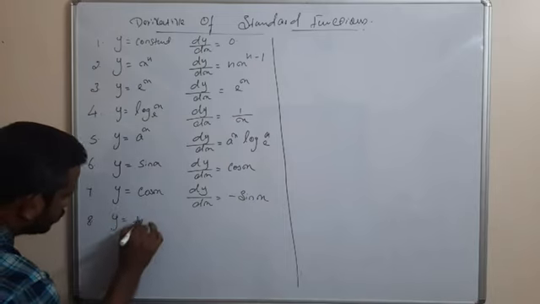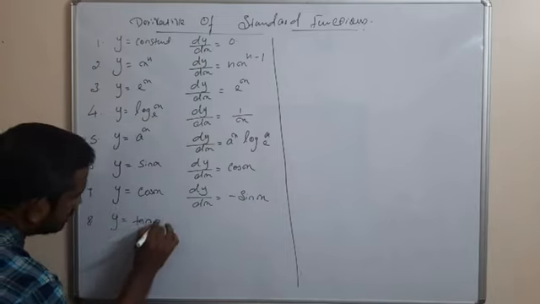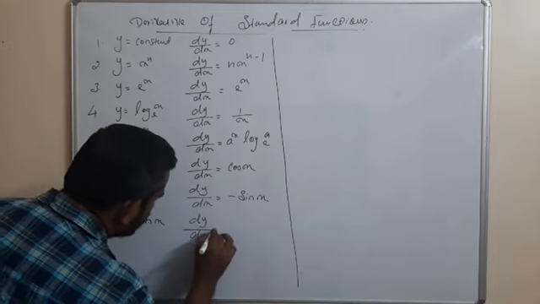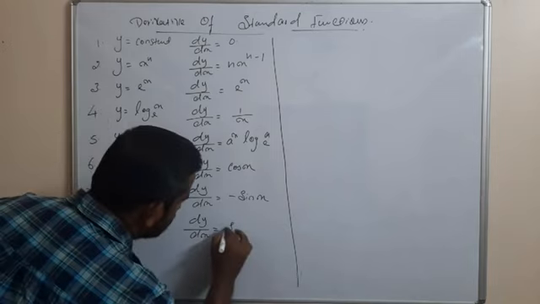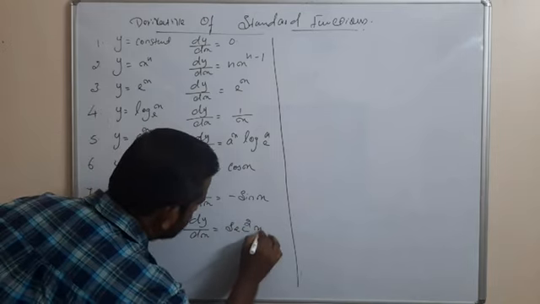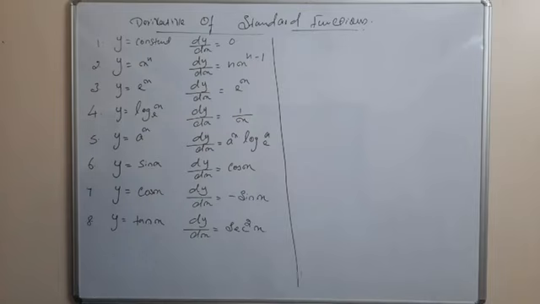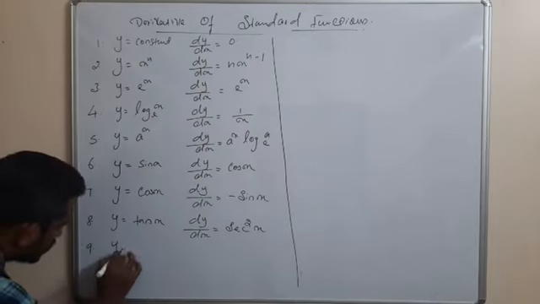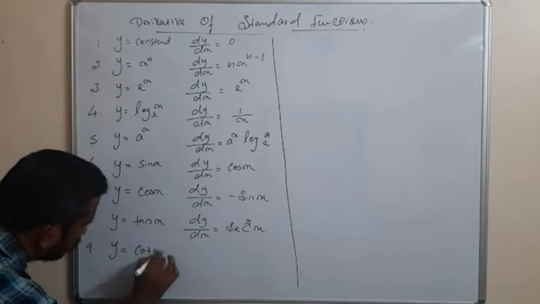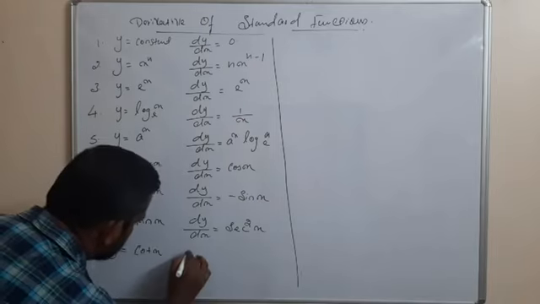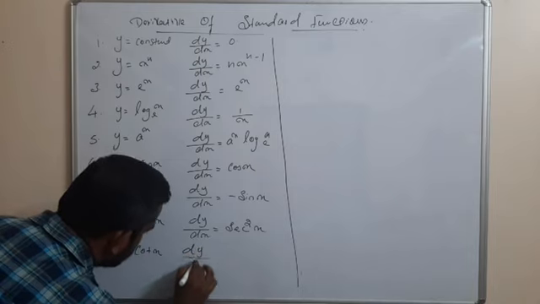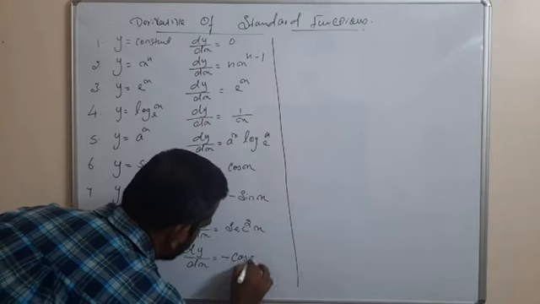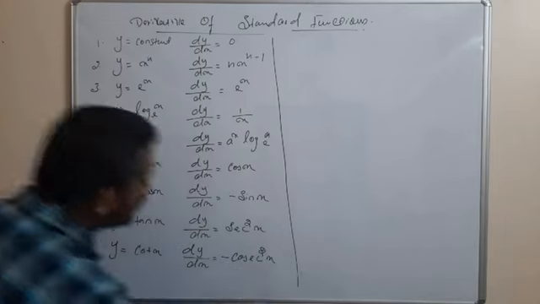Eighth, y is equal to tan x. dy by dx equal to secant square x. Ninth one, y is equal to cot x. dy by dx equal to minus cosecant square x.